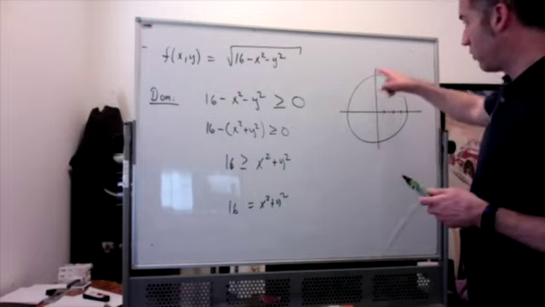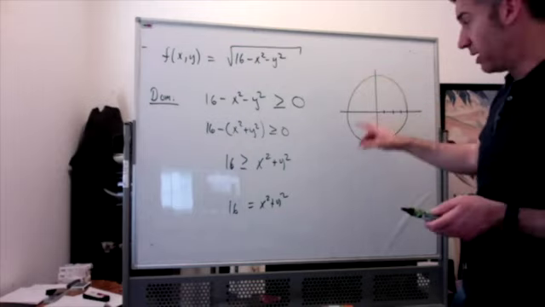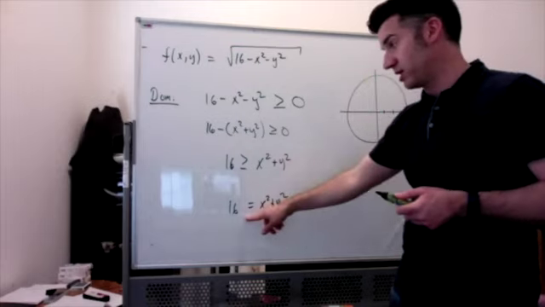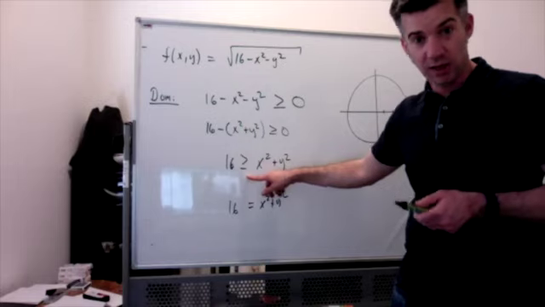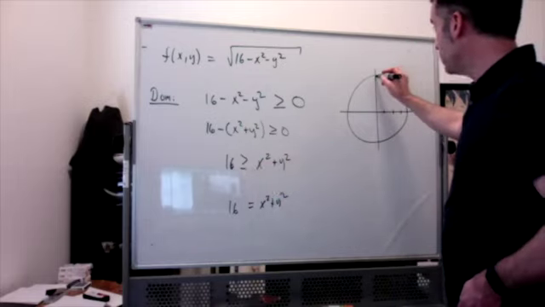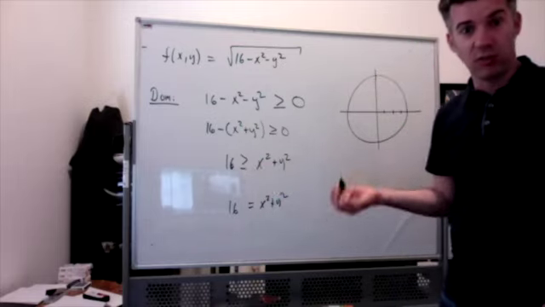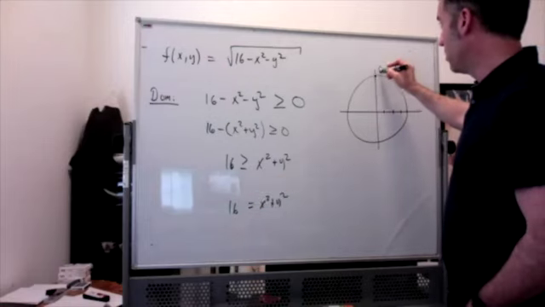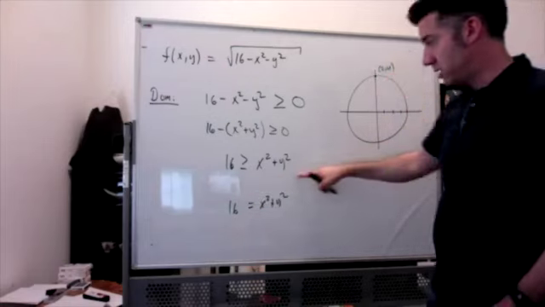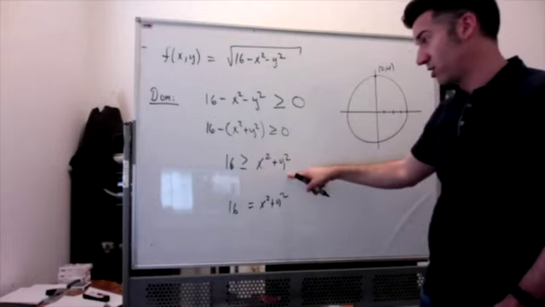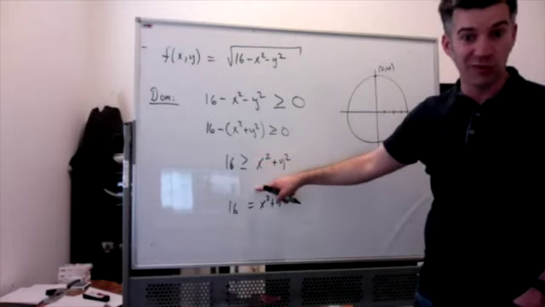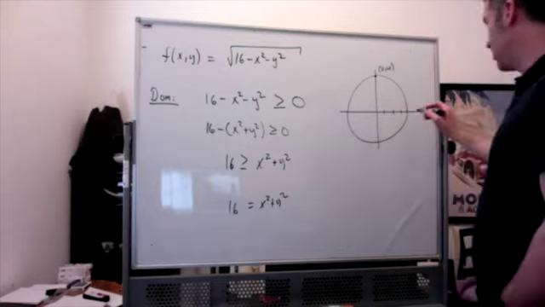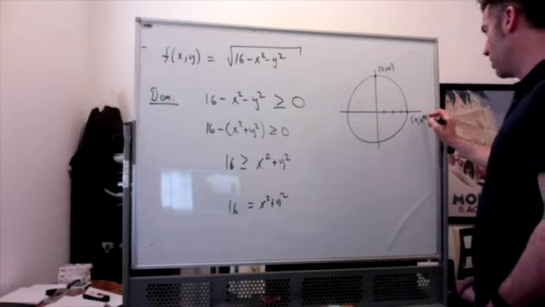Usually, if you've got some sort of boundary, because we need x squared plus y squared to not equal 16, but to be less than or equal to 16. So we definitely want to include this boundary because those points satisfy this inequality. For example, the point 0, 4, definitely good. 0 squared plus 4 squared is definitely less than or equal to 16. Same thing here, 4, 0 is good to go as well.